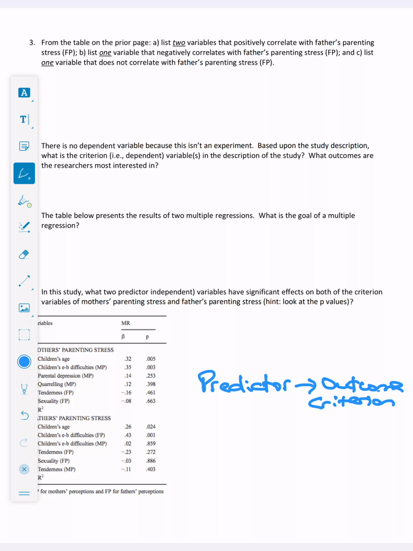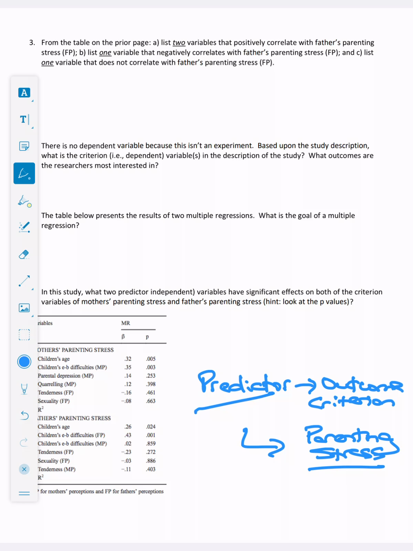In particular, we're going to say that we're most interested in things like parenting stress. Can we take certain variables that are predictors and see if they actually predict the levels of parenting stress? So we're assuming a directionality here. We're hypothesizing a directionality. We can't actually test it because, once again, I can't manipulate any of these measures.